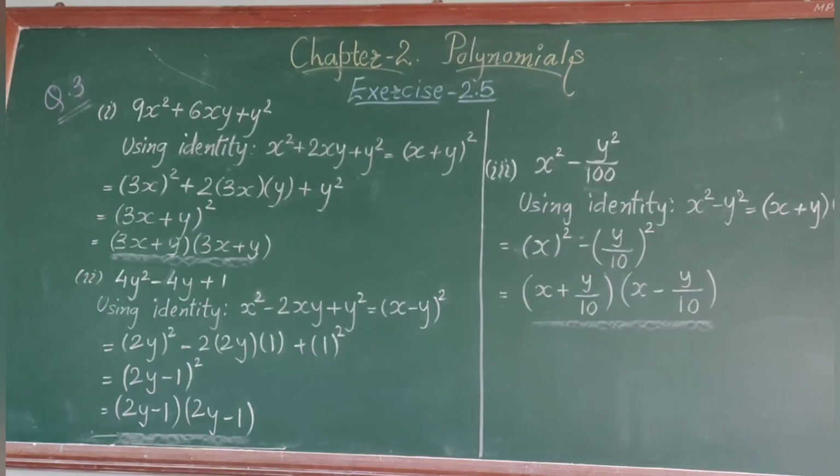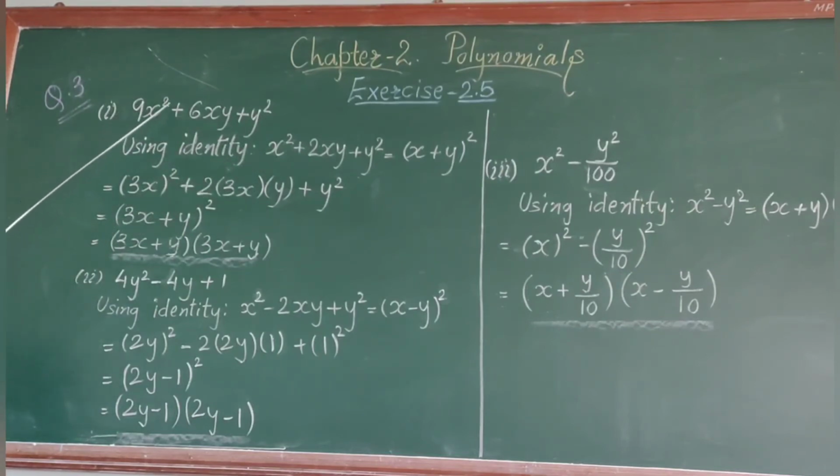Now you can see all the terms are plus. There are 3 terms. So we use identity number 1, the perfect square identity of addition: x square plus 2xy plus y square equals (x plus y) whole square. We compare the values. We can see the value of x, because it is x whole square.